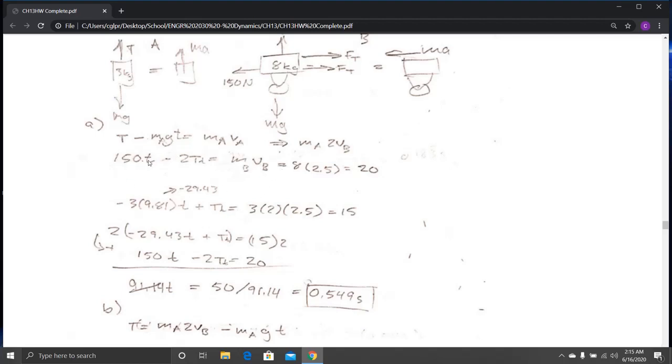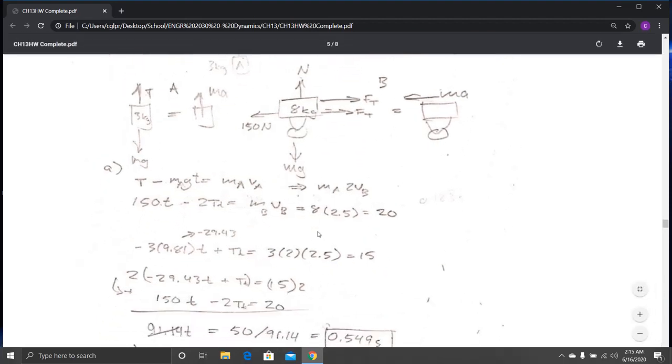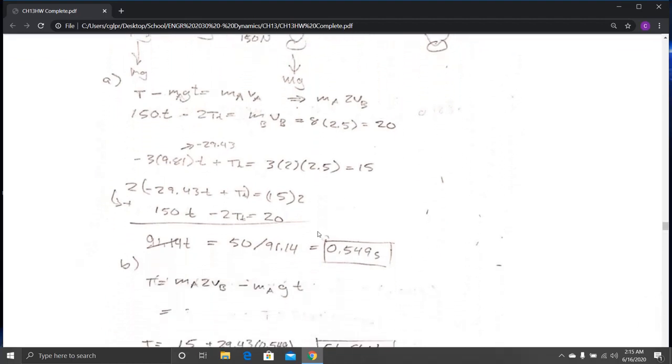After getting to this point, I realize that I need to have this in terms of the velocity of B, which can easily be accomplished using this relationship. And that makes this side of the equation a constant, and it will also make this side of this equation a constant as well.